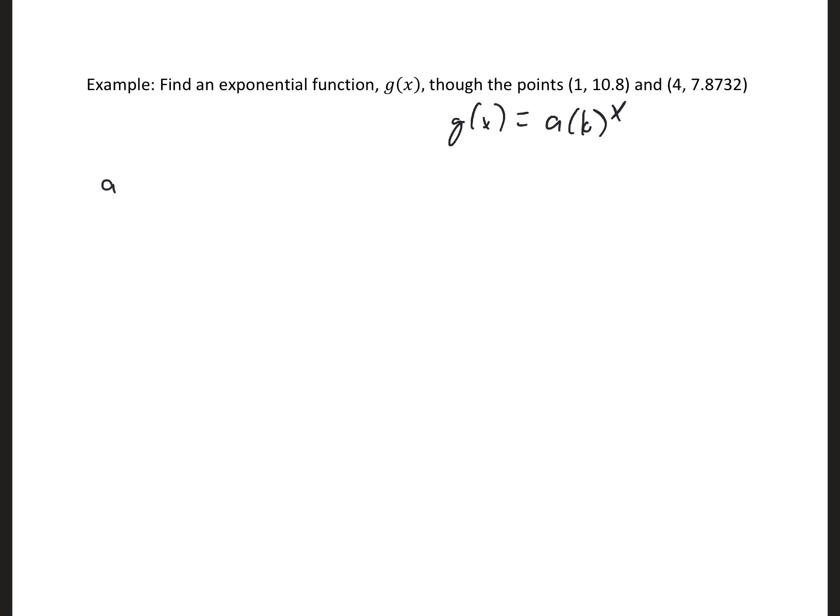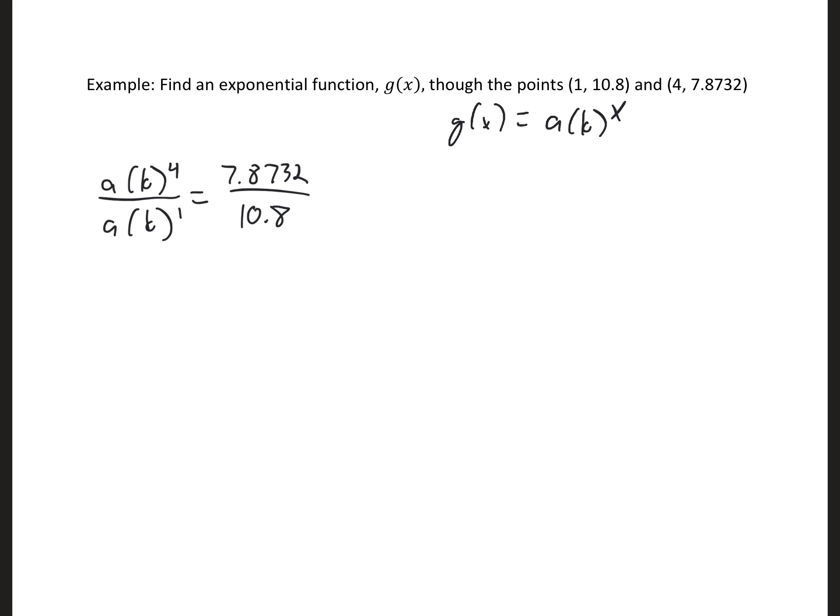So what that tells me is that a times b to the fourth over a times b to the first needs to result in 7.8732 over 10.8. This shows the proportional relationship that we would expect.